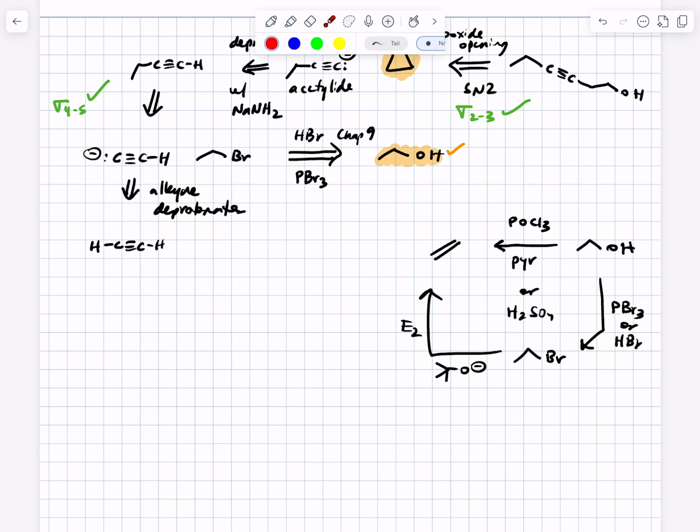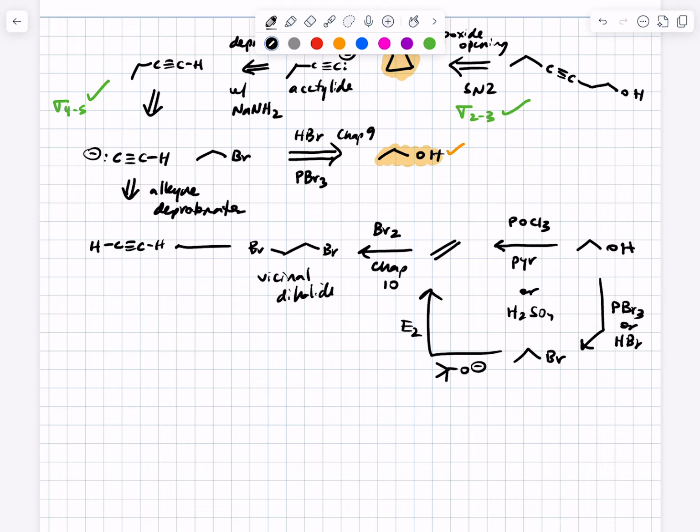From that alkene, you can do a chapter 10 reaction called alkene halogenation to get this molecule that's called the vicinal dihalide.